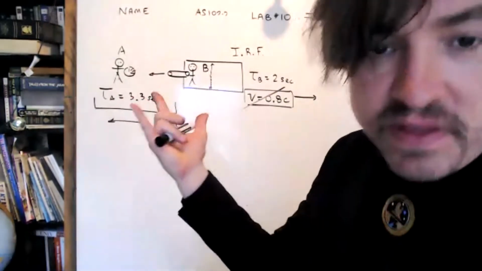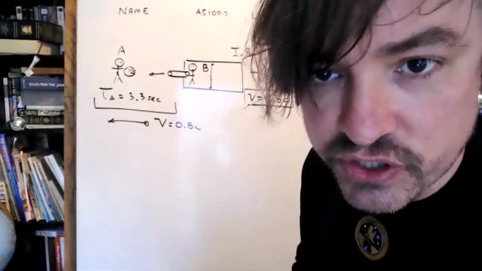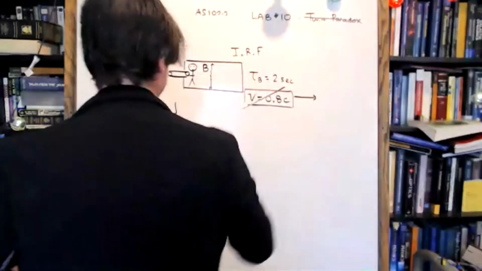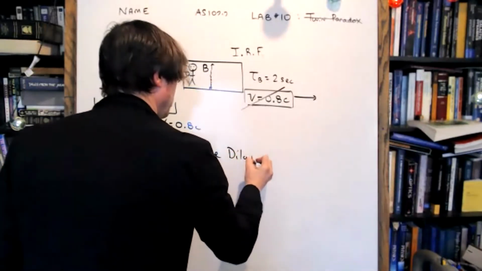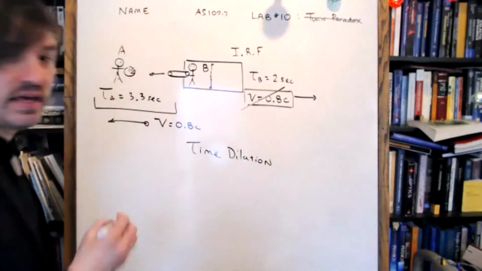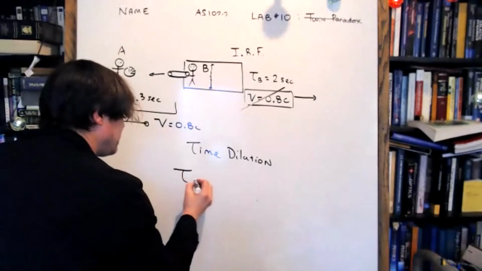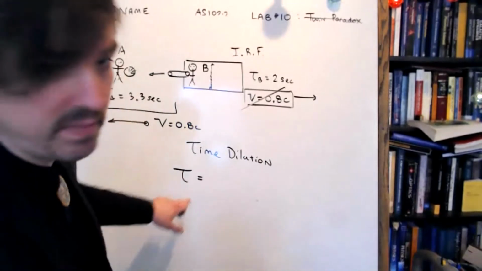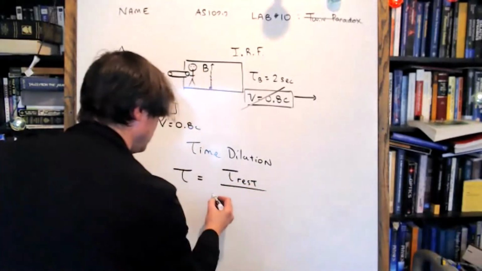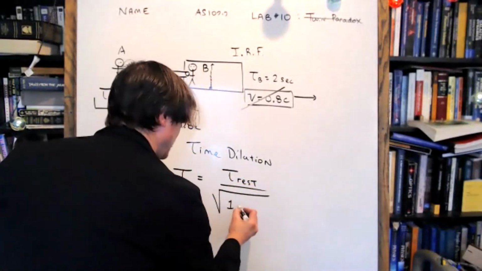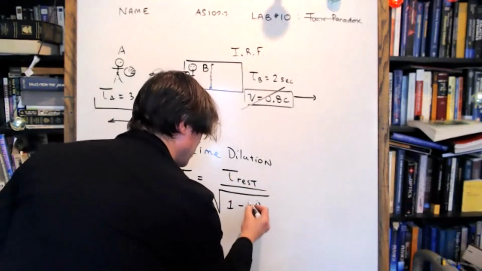Because A and B's position can easily get reversed, and because we can get confused about who is in motion, the proper way to write the time dilation formula is in this fashion. Rather than using A and B, we say that the observer time is the rest time divided by the square root of 1 minus the fraction of the speed of light squared.